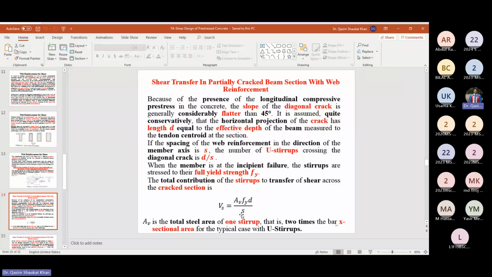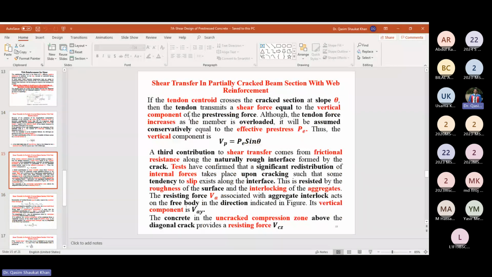The contribution of the steel in resisting the shear in the crack zone is Av, area of one stirrup, times the yield stress, which gives you the force, times d over s, which gives you the total number of stirrups in the cracked section.